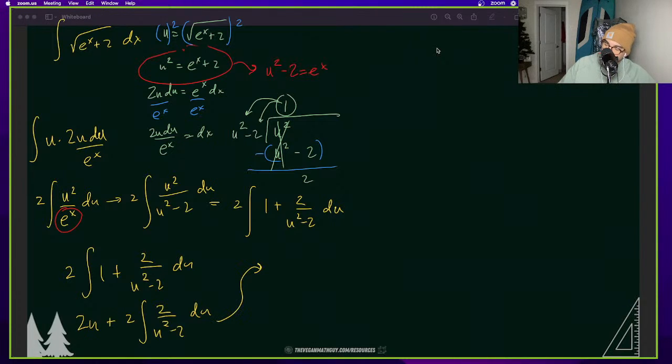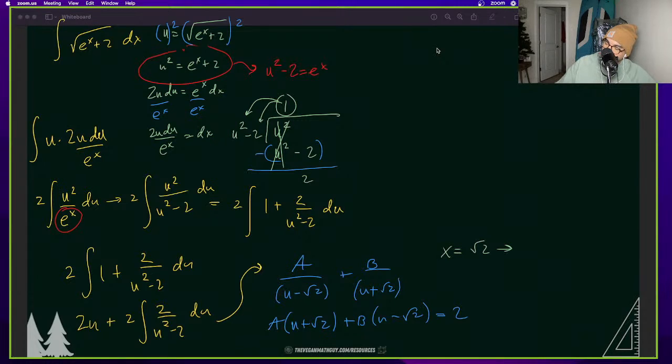Okay, so according to partial fraction decomposition, this is a over u minus root 2 plus b over u plus root 2. So then a times u plus root 2 plus b times u minus root 2 is going to equal 2. Well, let's use that hidden method again. So if u is equal to root 2, then that b cancels out.